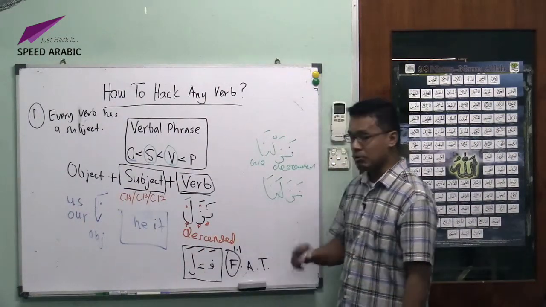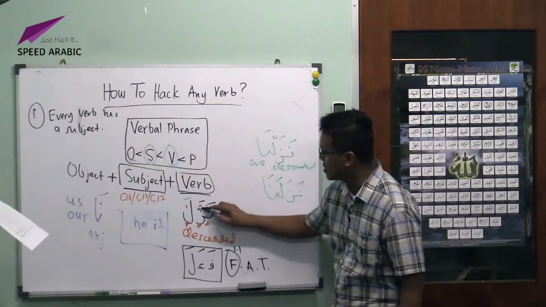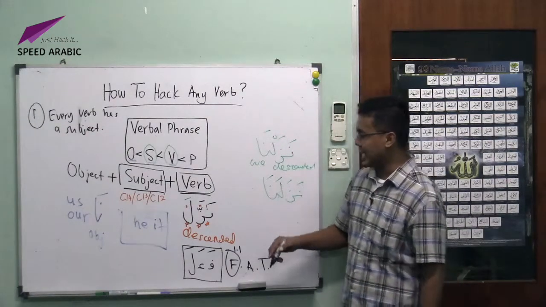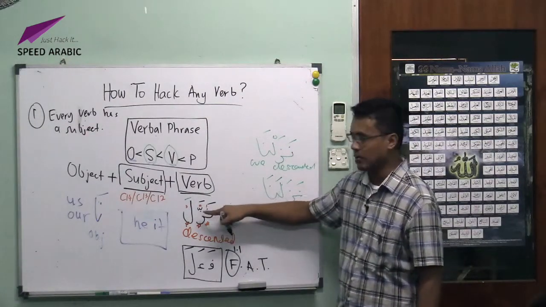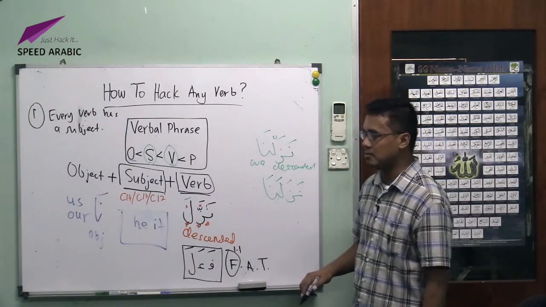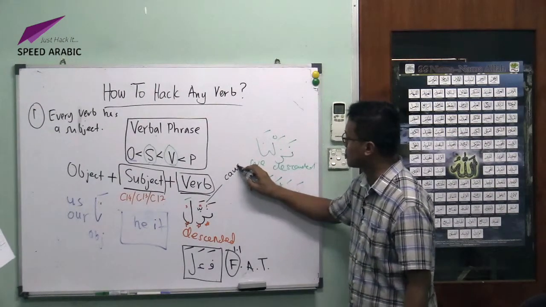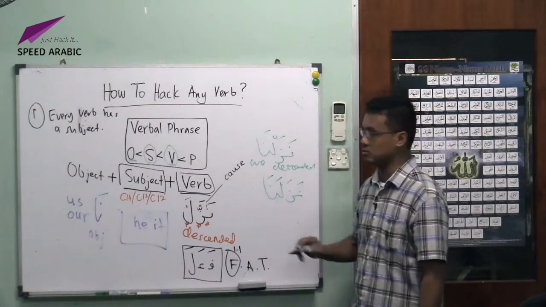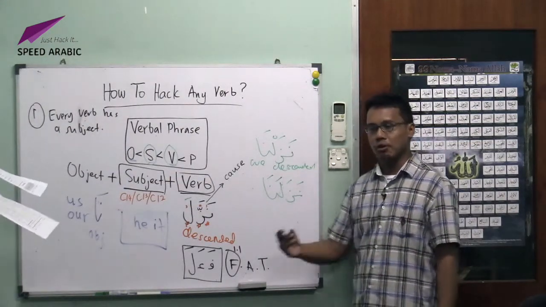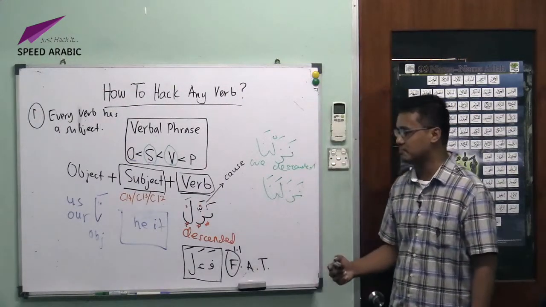Okay, I will add a shadda. So when I add a shadda, a shadda would mean cause. We are backtracking now. We are going back to the form again, and then we are going back to the object to give the meaning to it.